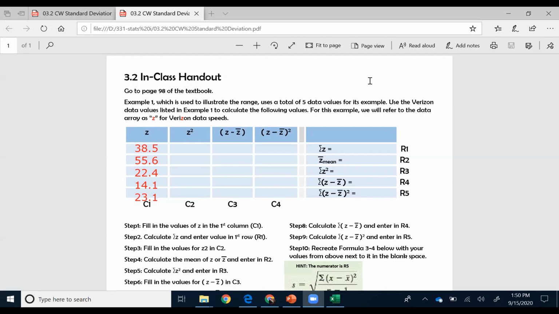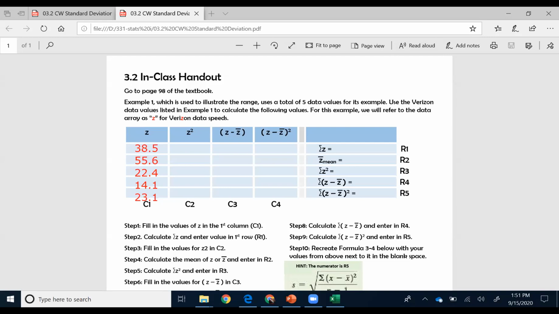Now, I'm going to ask people to type in the chat the values that they've done, and we'll take the first person to do it for each of them. But for 38.5, I'll do the first one.